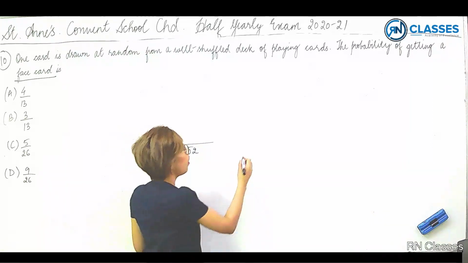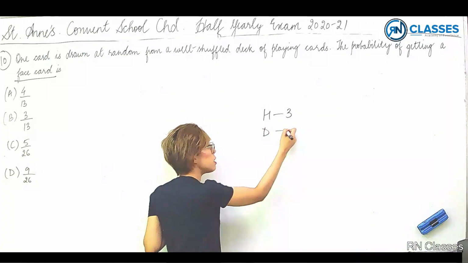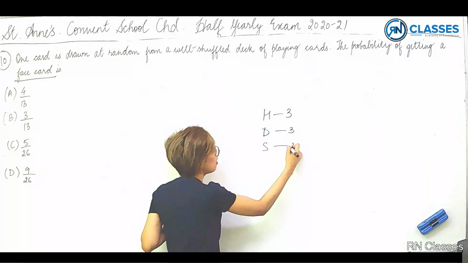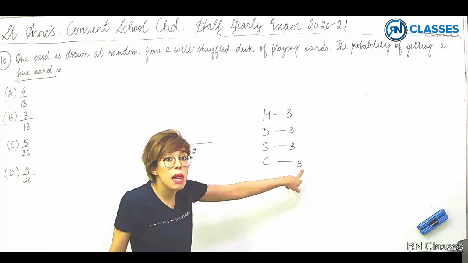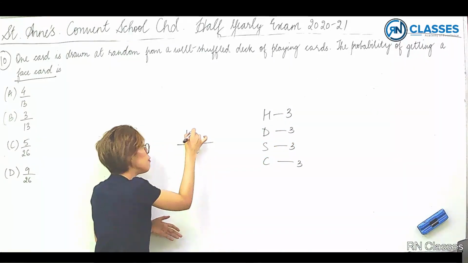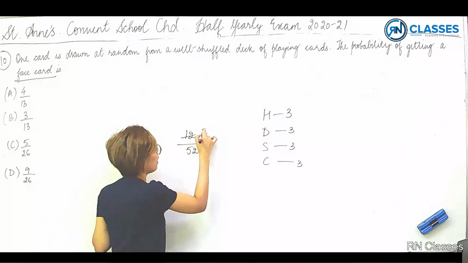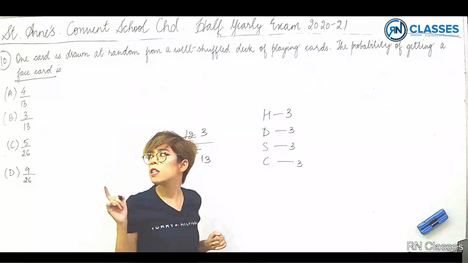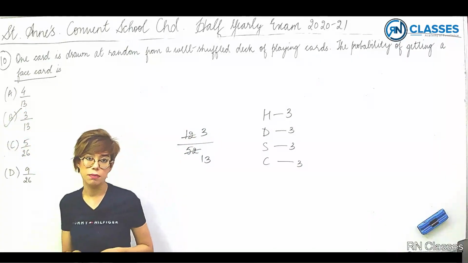So in hearts, I'll have 3 face cards. Diamond, I have 3 face cards. Spade, 3 again. Club, 3 again. So in total, I'll have 12 face cards. So, 12 favorable outcomes, or I can say 3 by 13. The probability is 3 by 13. So option B is the correct one.